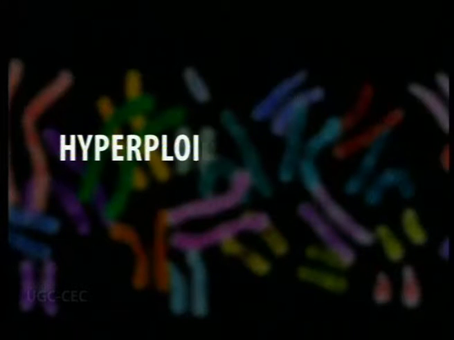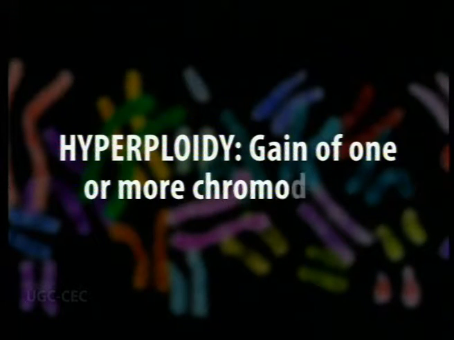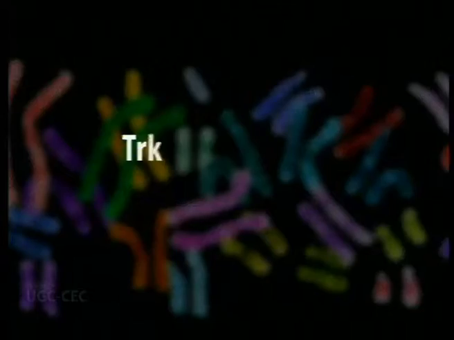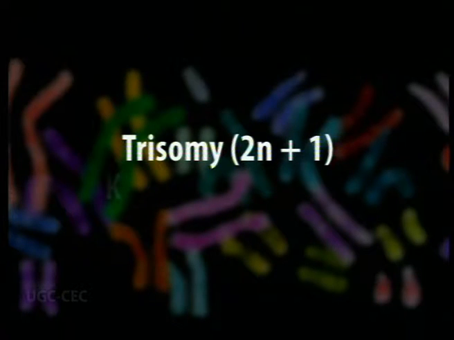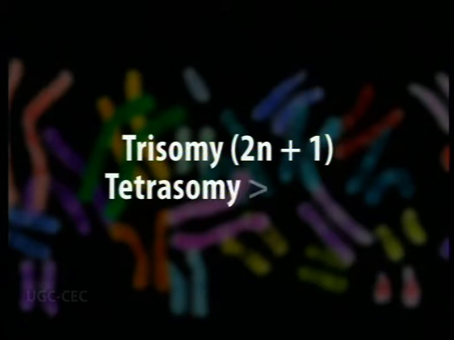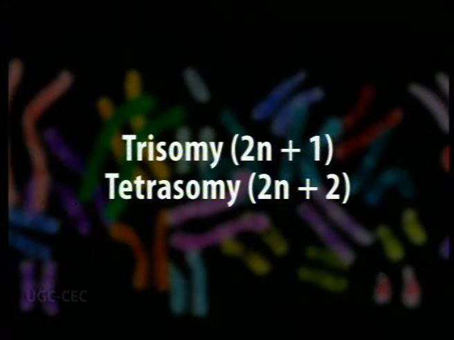The second one is hyperploidy, which means the gain of one or a few chromosomes. Similarly, hyperploidy is also of two types: the trisomy condition, designated by 2n plus 1, meaning an increase of one chromosome from the somatic chromosome number of a species, or the tetrasomic condition, where there is an increase of two chromosomes, designated by 2n plus 2.